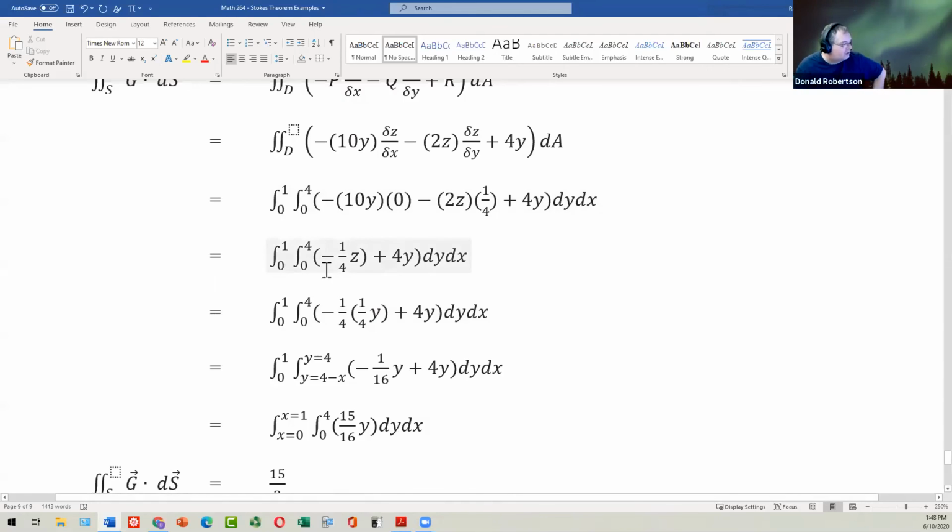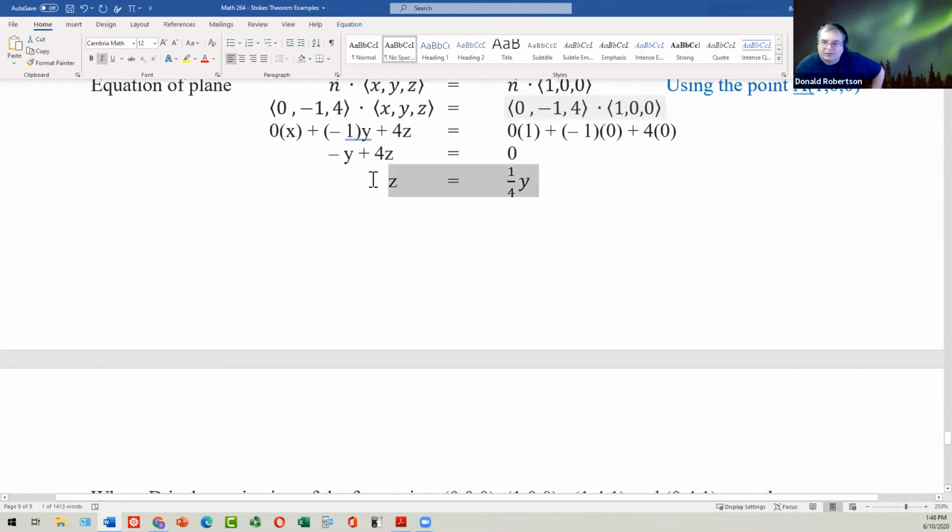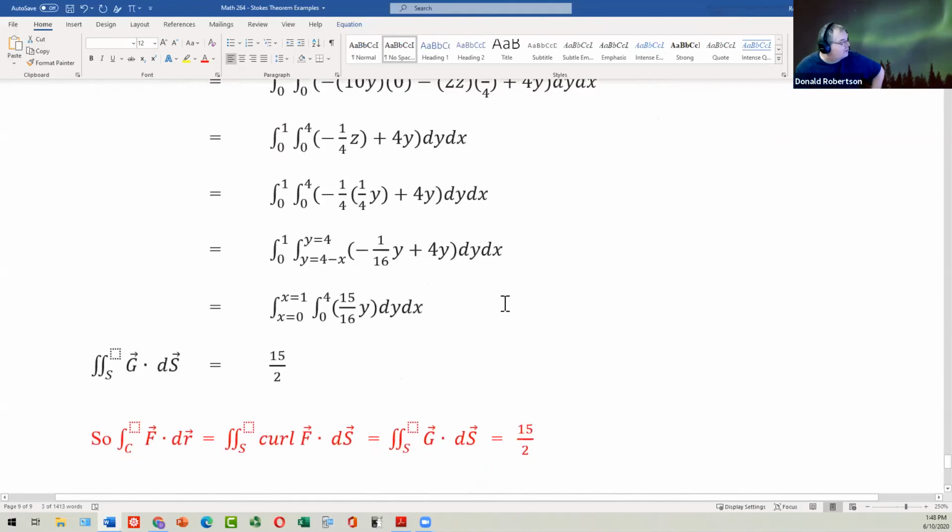That's a rectangle. Now, if you take Z, because it's left over, and you replace it by a quarter Y, that disappears and becomes just another value of Y. Tidy it up, you get this guy.